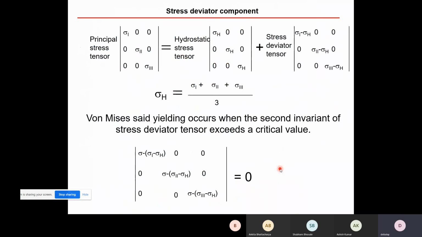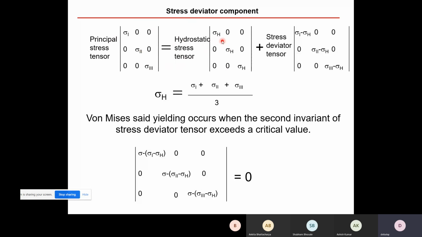I am nearing the end. The principal stress tensor can now be divided into two components, two parts. Sigma 1, sigma 2, sigma 3 on the diagonal and zeros elsewhere. This is the principal stress tensor. The hydrostatic stress tensor is one where all the normal stresses are equal, so I can take out the hydrostatic part from the principal stress tensor.